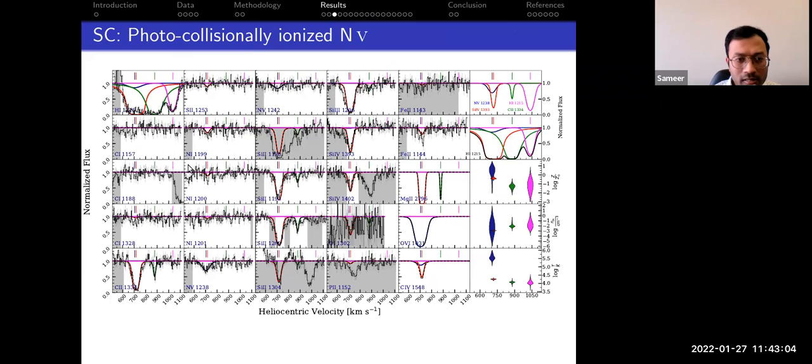Yeah. We could do that, for example, in this case, cycline C, as you see, we have coverage of N I as well as O I. So the N/O ratio is an indicator of the enrichment history of the gas. We start with the assumption of a solar abundance pattern, and with our solar abundance model and the inferred metallicities, the gas that we are seeing is consistent with originating in low-Z star forming galaxies, like the dwarf galaxies we have in this field.